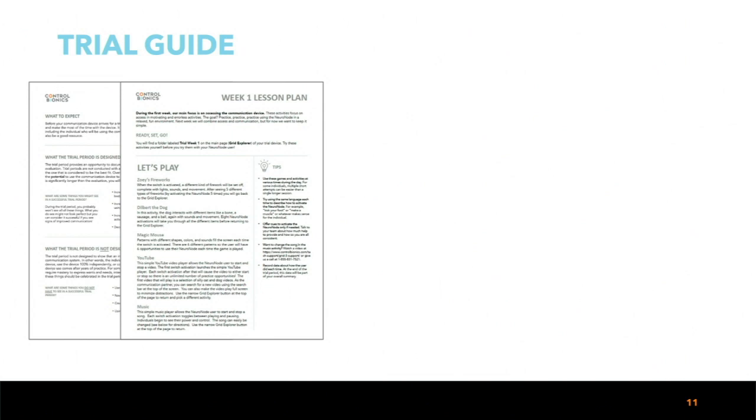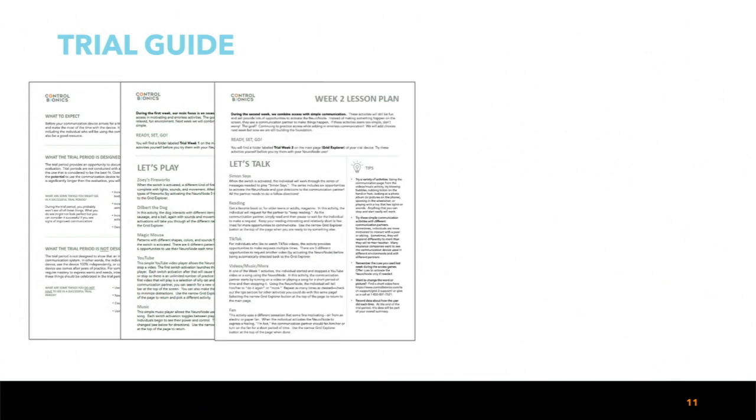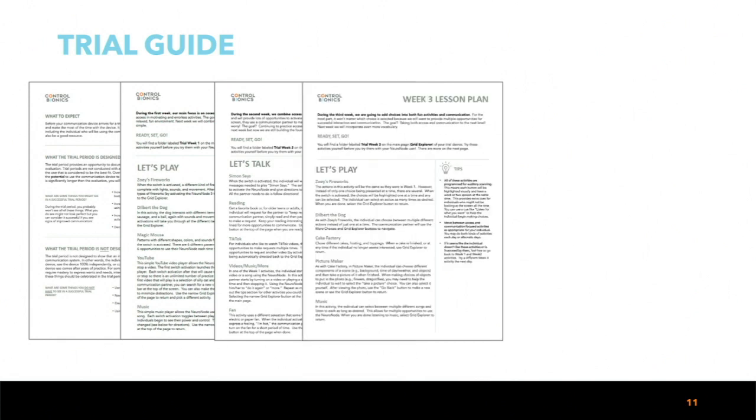So we start off with simple, basically, let's use switches to play in an errorless way. Now let's use those same switches to communicate in an errorless way. Now, week 3, let's combine those. Let's do some switch, some communication, but add more choices in.